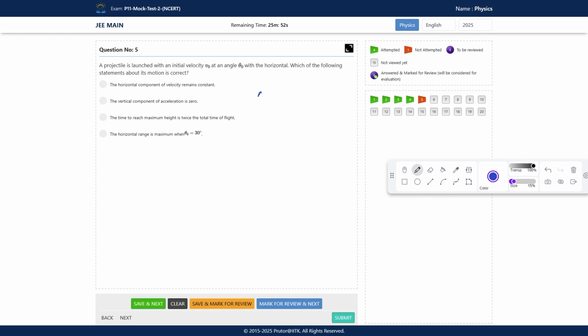Suppose the projectile motion is like this, when we throw a ball or a stone with initial velocity u, making an angle theta with horizontal. The x-axis is the horizontal axis and the y-axis is the vertical axis.